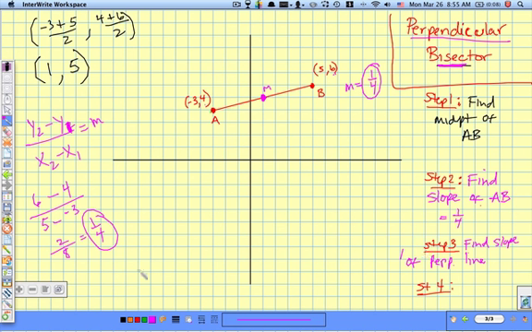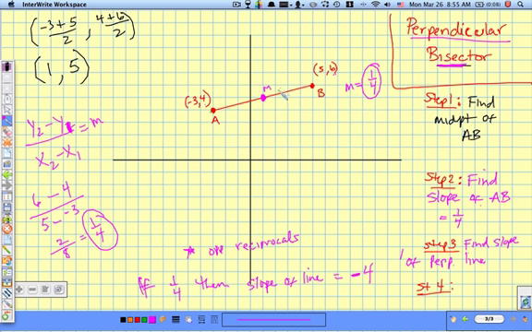So if the slope of AB is 1/4, then the slope of the line is equal to negative, because that's positive, and 4/1, which is just 4. Notice these two things right here are opposite reciprocals. We did that before. Just got to remember, opposite reciprocals of each other.